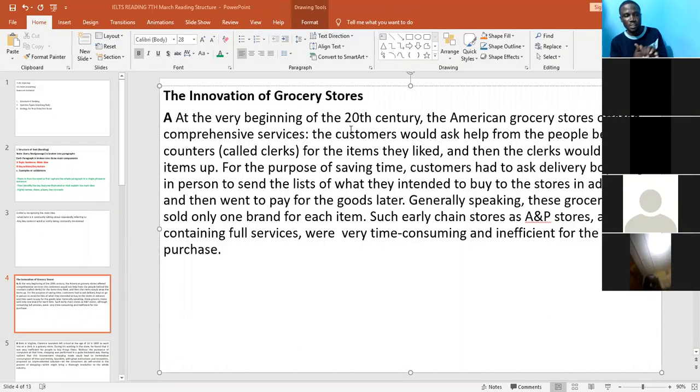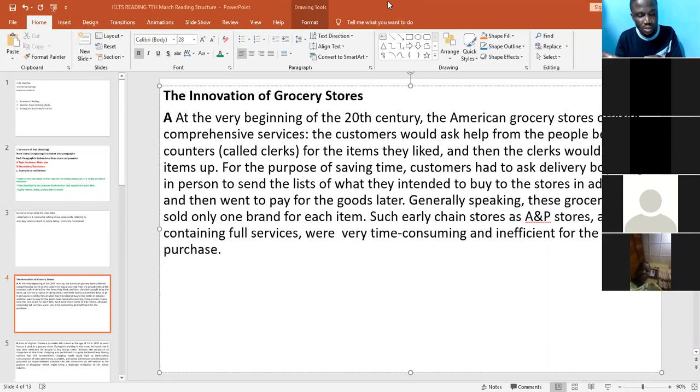I said the first thing you need to do is to identify the main thing that the paragraph is talking about, and I've read maybe 3 sentences in the whole paragraph. At the very beginning of the 20th century, the American grocery stores offer comprehensive service.